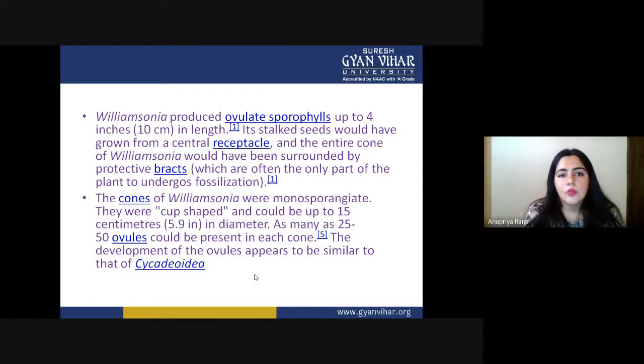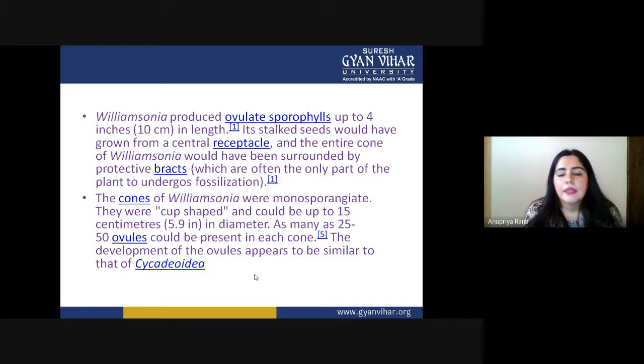So they produce fertile leaves which are ovulate in shape, with the sporophyll up to 10 centimeters or 4 inches in length. Its stalked seeds would have grown from a central receptacle, and the entire cone of Williamsonia would have been surrounded by protective bracts.